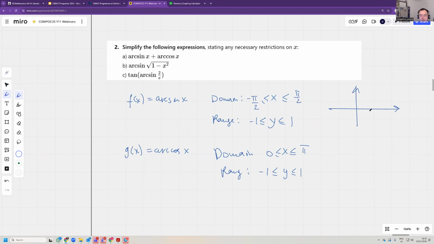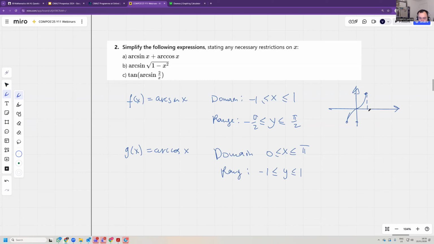If you draw the graph of arc sine, it looks like this. Sorry, I think I've messed up. Domain -1, 1, and the range is, yes, the other way around. Sorry, minus pi over 2 and pi over 2.